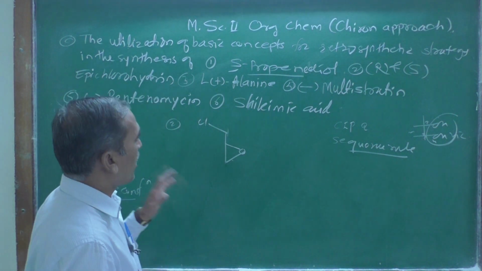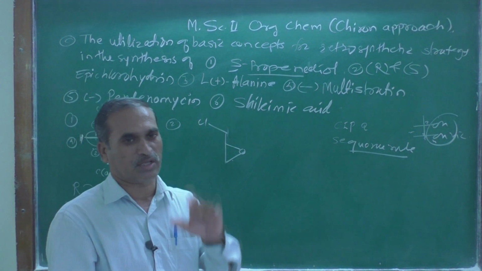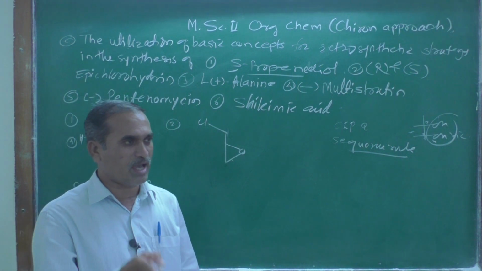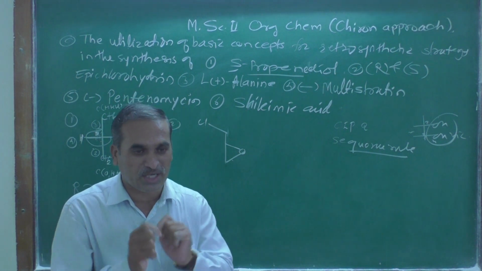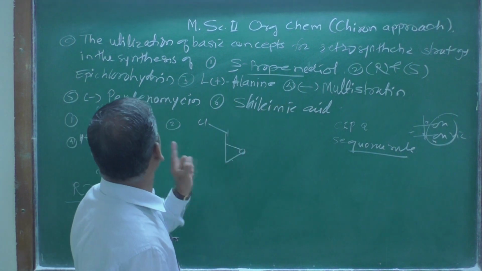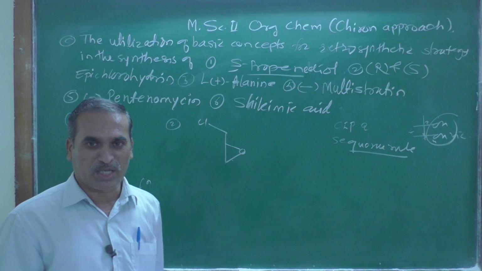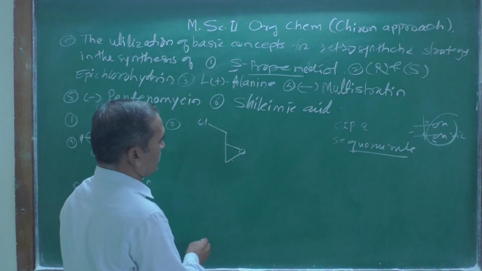If you observe this structure carefully, can you tell me how many chiral centers are present here? Is there a chiral center present or not in epichlorohydrin? Yes, there is one chiral center present.